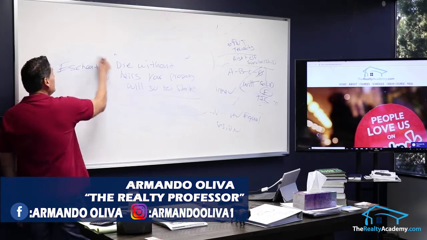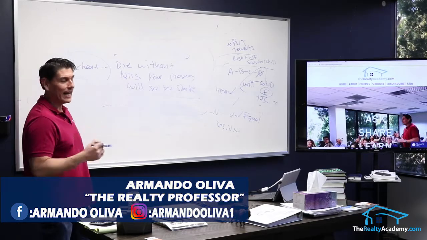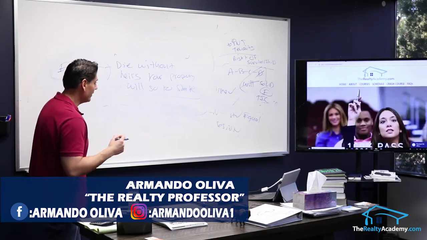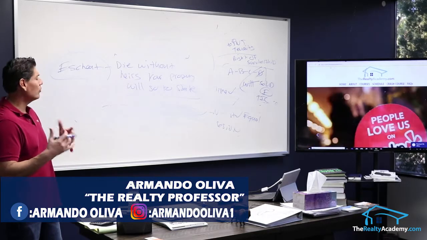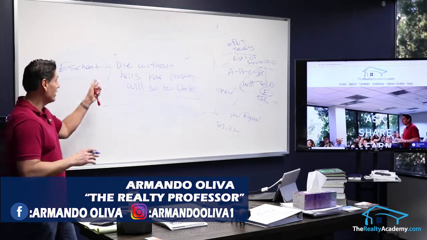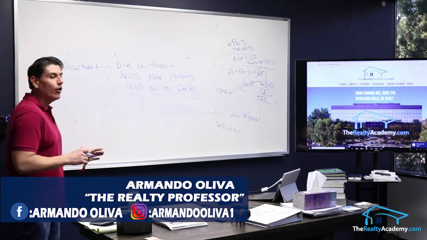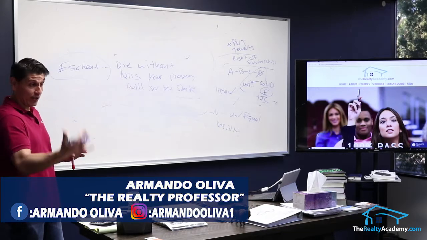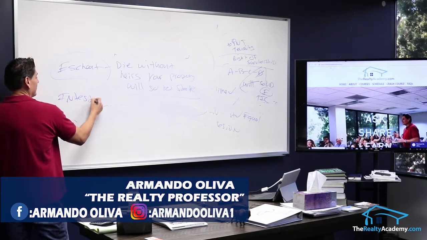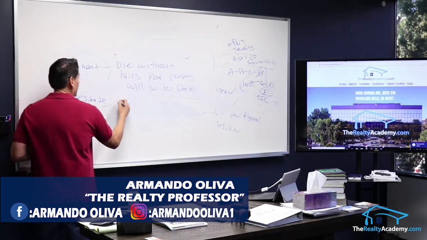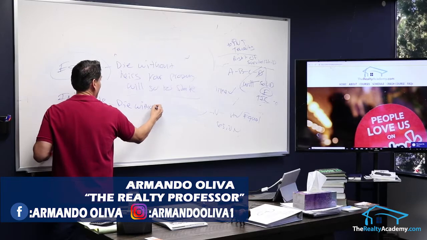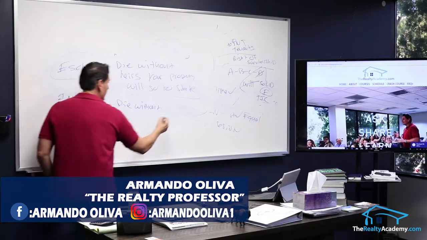So an individual cannot get title through escheat. Only the government can. So you might see a question that says, an individual can get title in all the following ways except, and the answer would be escheat. But while we're talking about this, what do we call it when you die without a will? We call that intestate. So that doesn't mean you don't have heirs. That just means you didn't write down who you want to get your stuff.